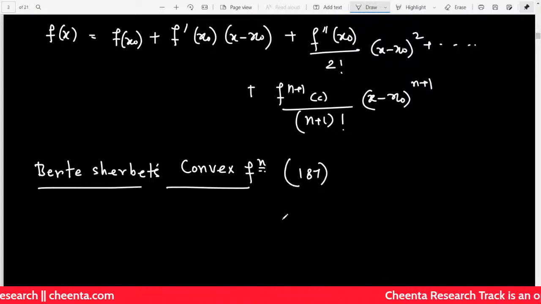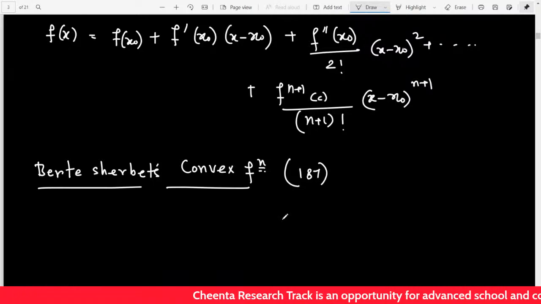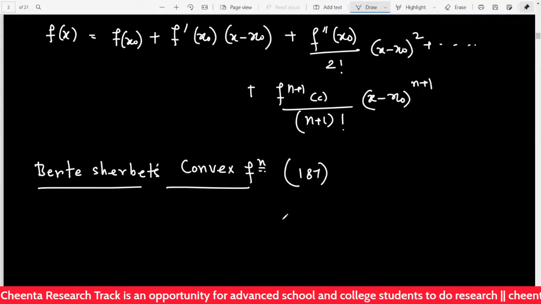If you go to the convex functions, you will certainly realize how Taylor series are used in the proof.